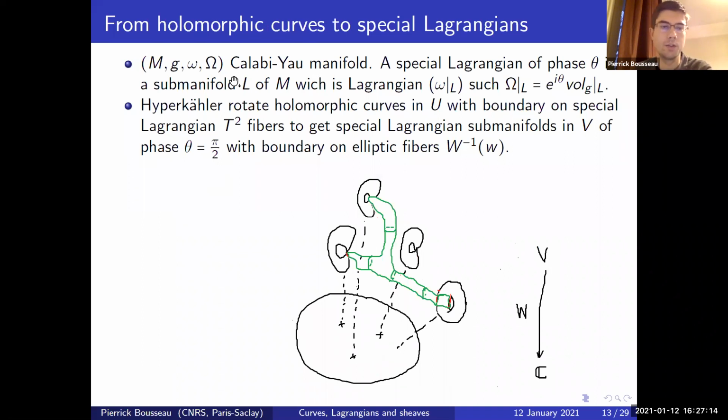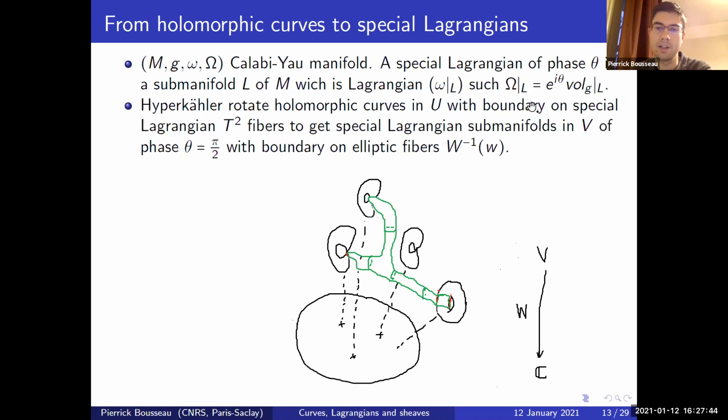So here I just recall that more generally, if you're in a Calabi-Yau situation, so if you have a manifold with a Riemannian metric, some Kähler form, and some holomorphic volume form, which define a Calabi-Yau manifold, then a special Lagrangian submanifold L of M is a submanifold which is Lagrangian, which means that if you look at the Kähler form omega and restrict it to L, you get 0.